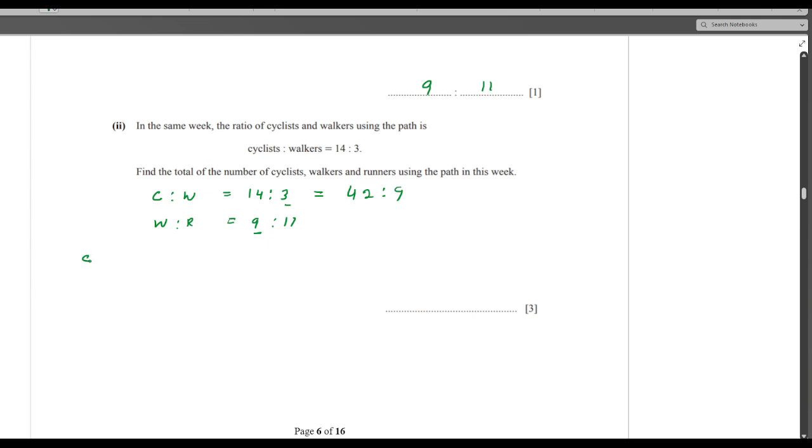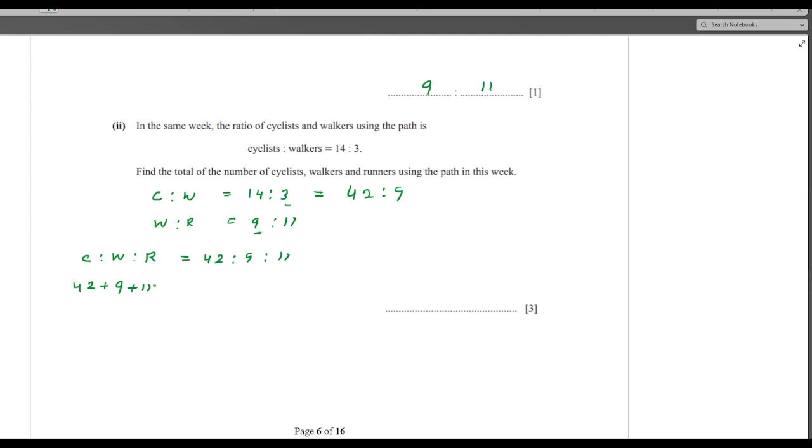Therefore your cyclist to walker to runner ratio will become 42:9:11. Now I have to find the total number of cyclists, walkers and runners. So if you add these three, 42 plus 9 plus 11, you will get 62.